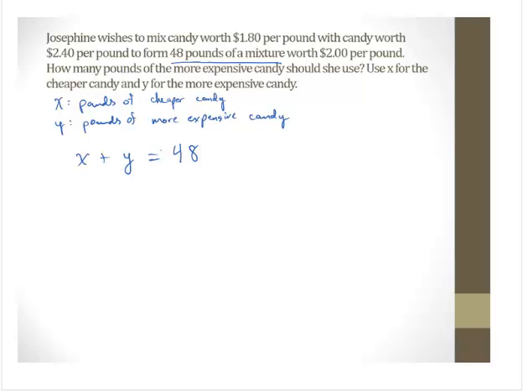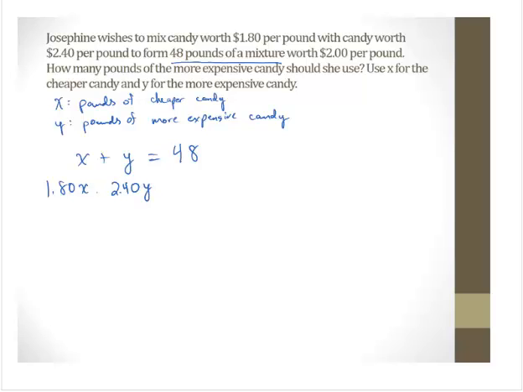That takes care of the weight. Now let's look at the value. We have X pounds at $1.80 per pound, so the value of the cheaper candy is $1.80 times X. Similarly, the value of the more expensive candy is $2.40 times Y.